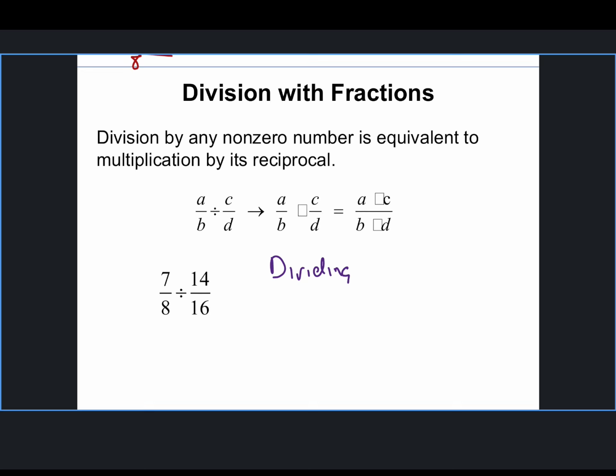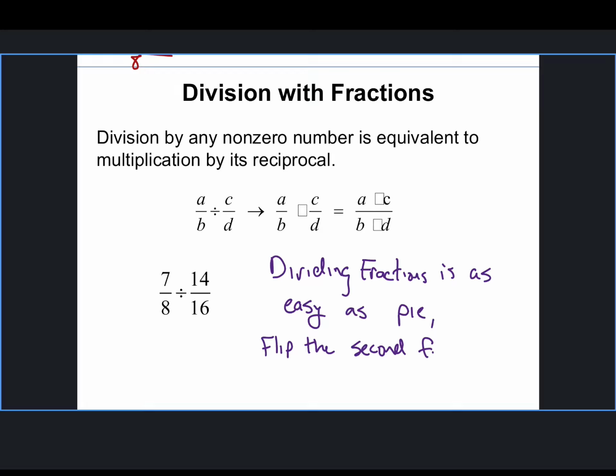Dividing fractions is as easy as pi. Flip the second fraction, then multiply. Dividing fractions is as easy as pi. Flip the second fraction, then multiply.